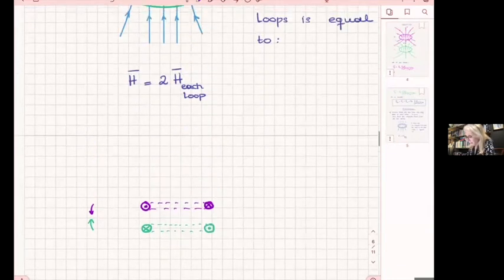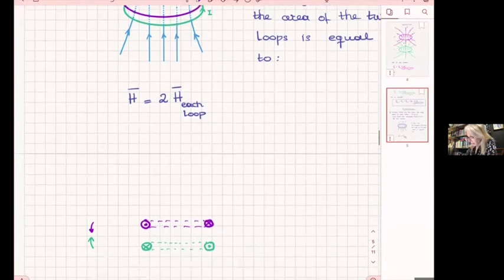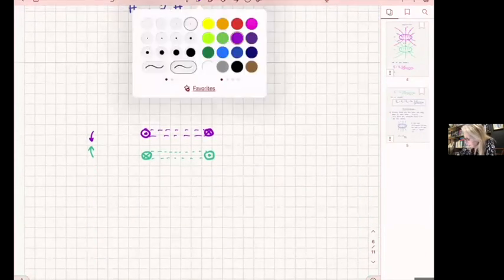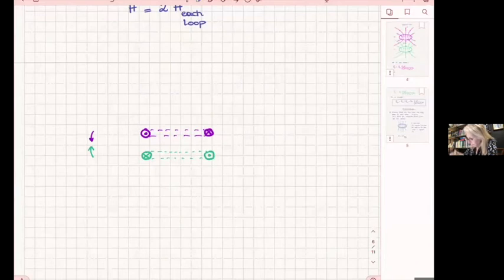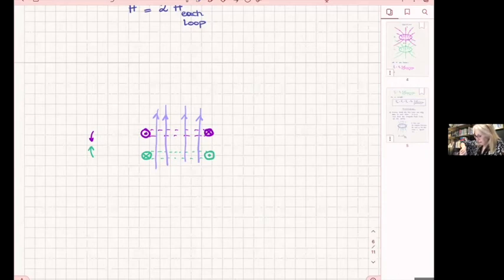How would the fields look like? The field from the purple, let me do it purple too, the magnetic field here is going to be all along this direction, all right, from the right-hand rule. And then how would the green be?